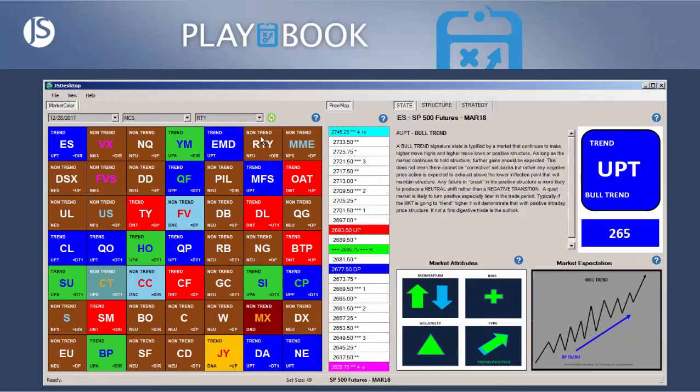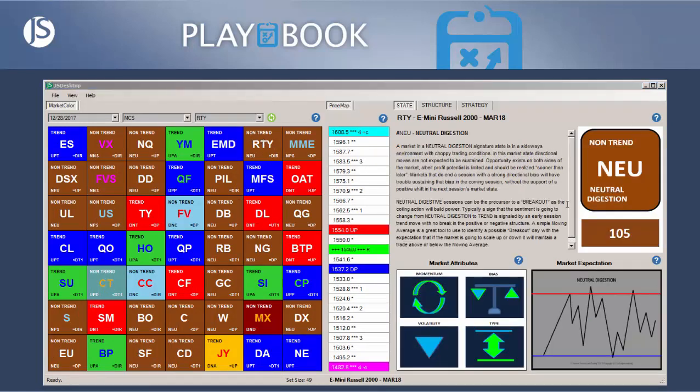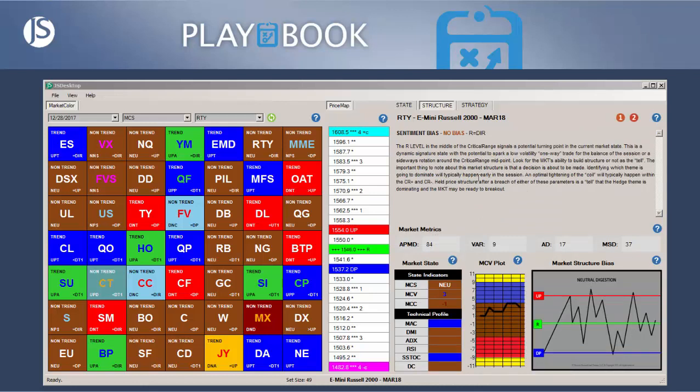We're going to take a look at the Russell 2000. If we go through our if-then statement, the market state for the Russell is a neutral digestion, which is typified by more of a sideways trade, can be a precursor to a breakout. Market structure is balanced. We have a balanced sentiment bias, so it's a unique position. Typically when a market's in a neutral digestion and it's balanced, it has the potential to either be a choppy sideways day or a breakout day.